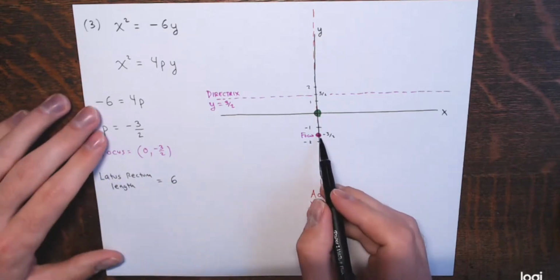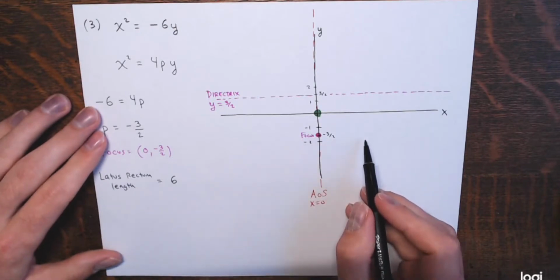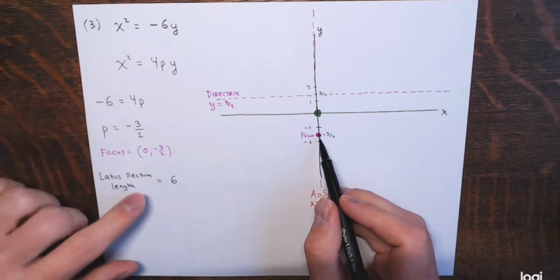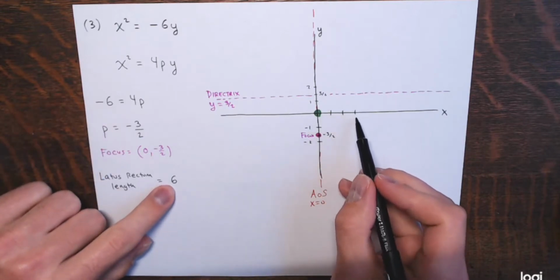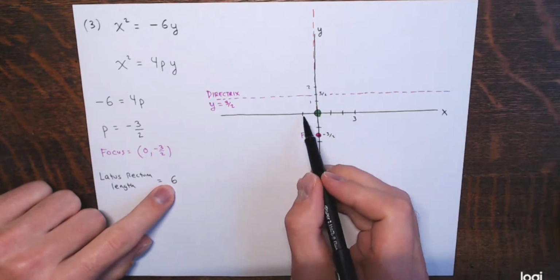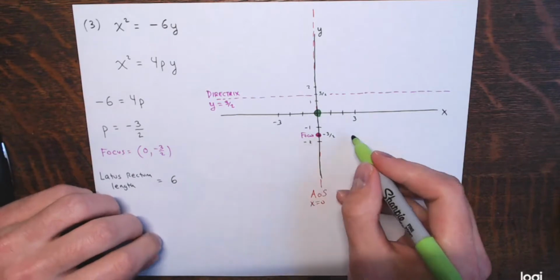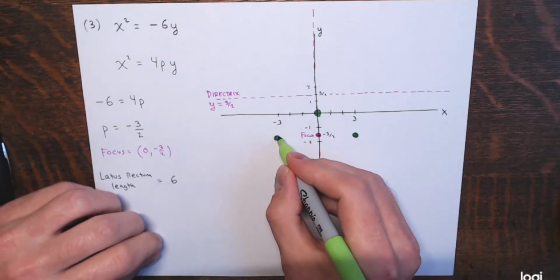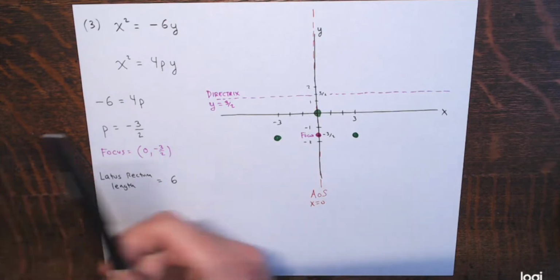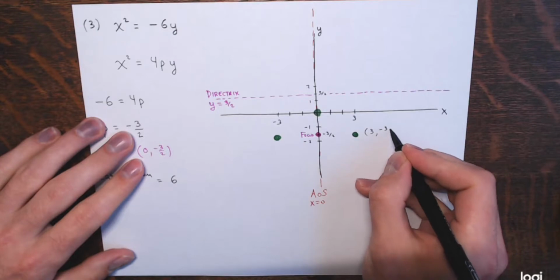And then the latus rectum will also be horizontal. Right? It's parallel to the directrix. So cutting this in half, from the focus, I go 3 units to the right and 3 units to the left, and I get the endpoints of the latus rectum. These are actually points on the parabola. They actually satisfy the equation, right? This would be the point 3, comma, -3 halves.